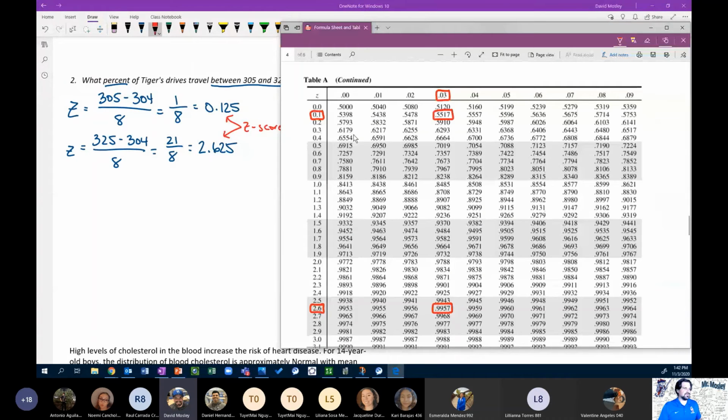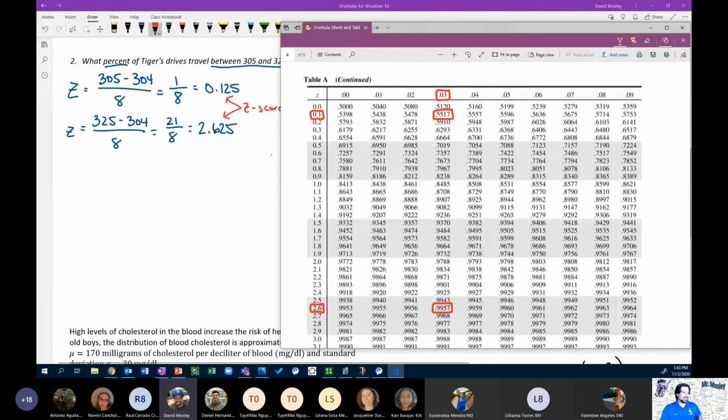Now, the first issue that we have here is that I have 3 decimal places for both of these numbers. Table A only accommodates 2 decimal places, so I have to round. Because the third decimal is a 5, I'm going to choose to round up to use 0.13 and 2.63. That's what I found on table A already here. We have 0.13, which is 0.5517, and 2.63, which is 0.9957.